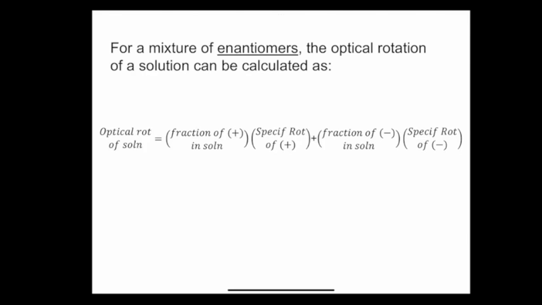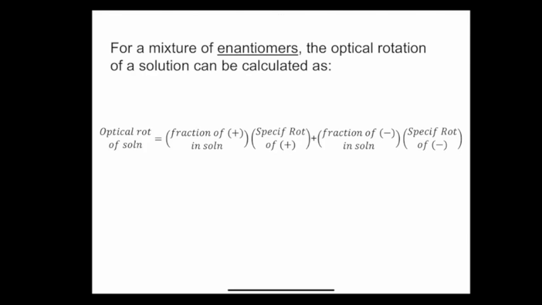So going back to tartrate, the Pasteur example, the stuff he made in the lab was a perfect one-to-one mixture of both enantiomers. And when he tried to measure the optical rotation on it, it came out as 0. It's not that something was special about it. What was happening is the R tartrate in that sample would push light one way, and the S tartrate pushes it back the other.